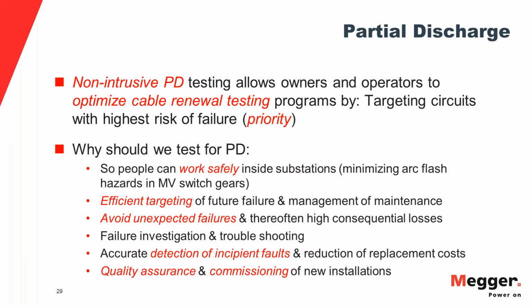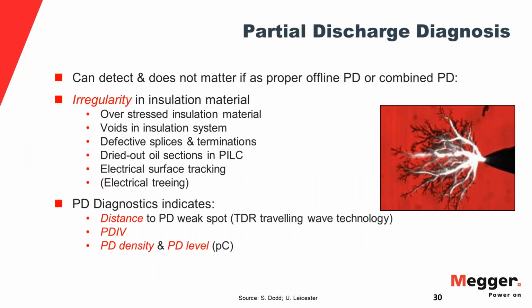And we talked about this. This is just a little bit more elaborate. You get the presentation, so we don't have to talk here. You can read up on these things. And then the typical things that you see, the irregularities in the insulation material, you can have the classic voids, imperfections, protrusions.